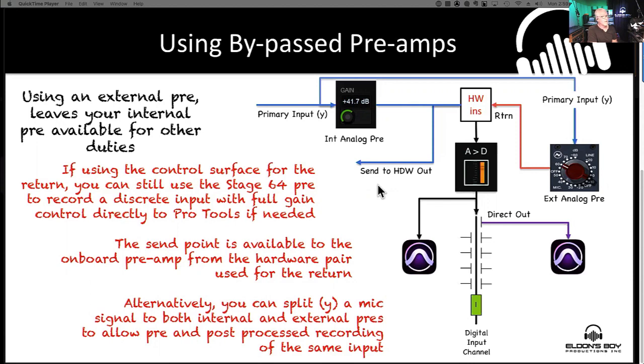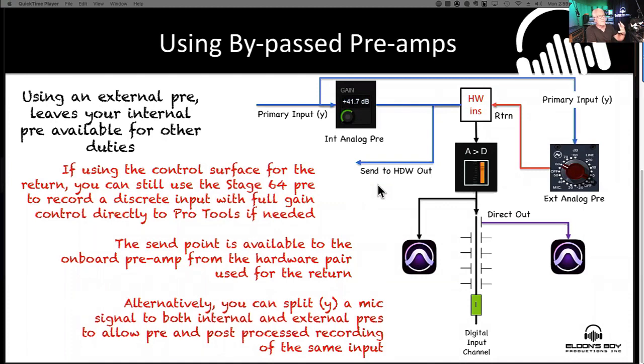And then at that point, you would have the ability to record both a processed version of that, let's say it's a vocal, and an unprocessed version of the vocal on separate tracks. You could even, if you needed to, virtual sound check with the onboard pre, and use the external for the show. Now, like I said, that's not perfect in terms of managing gain back and forth, sound quality back and forth, especially if you've got a string of processing in that external environment. That could get a little dicey to handle.